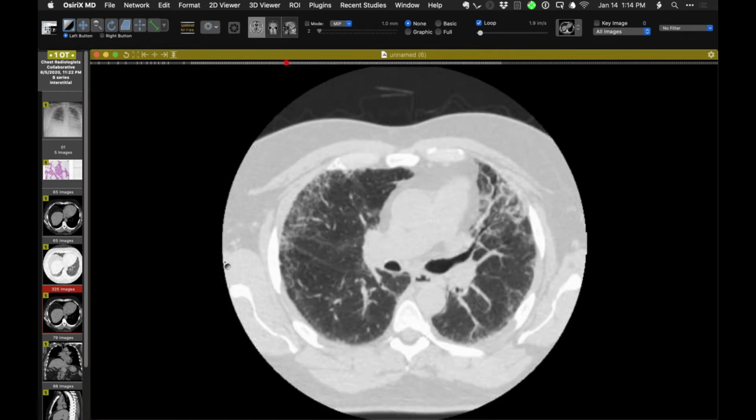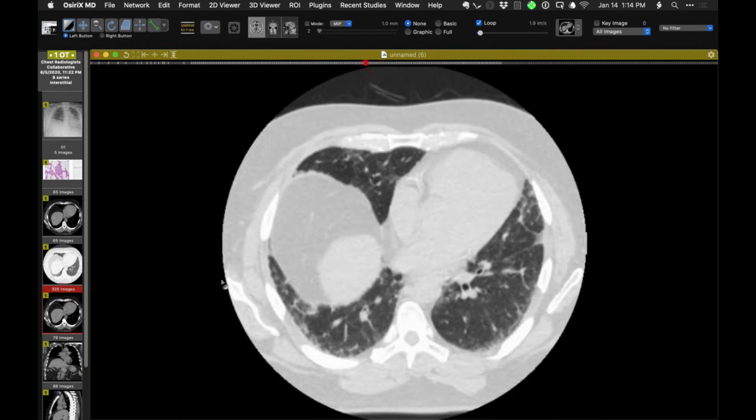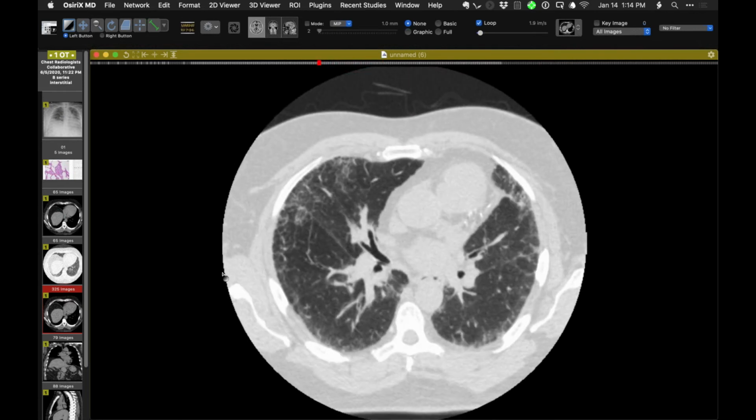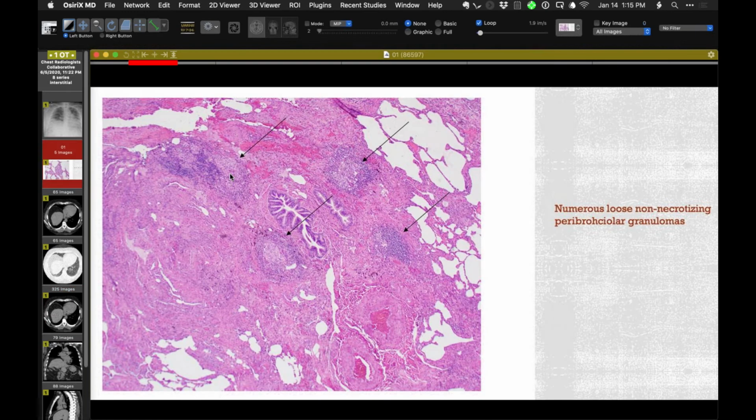So I have found most of these cases turn out to be either HP. I'd like it to be a little more heterogeneous, but fair enough, it can go either way. The air trapping's variable. Or connective tissue disease with a non-classic NSIP pattern. Very few of these, in my experience, are ever called IPF, at least in our institution. We often find something else. Yeah, I agree exactly with that.